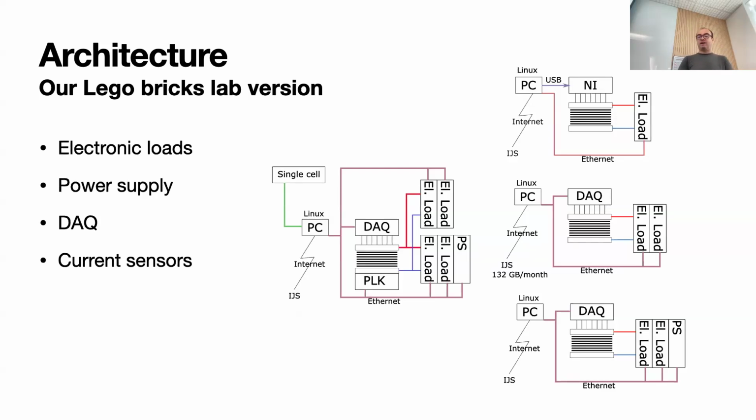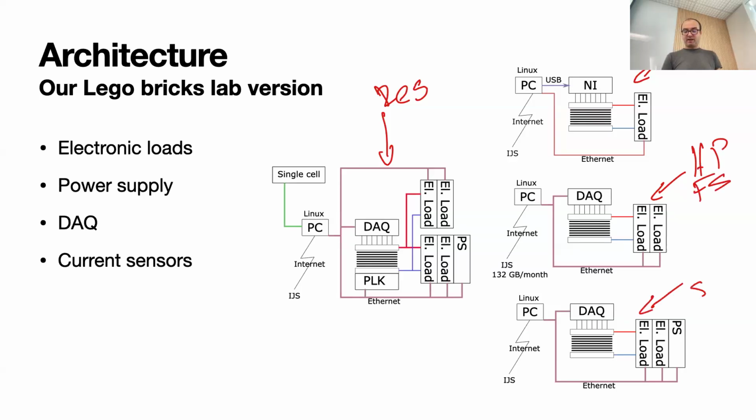There are quite a lot of architectures that I'm going to describe. Reversible operation, and I'm going to go into details. Reversible operation, simple fuel cell, high power fuel cell, high power SOFC, and so on.